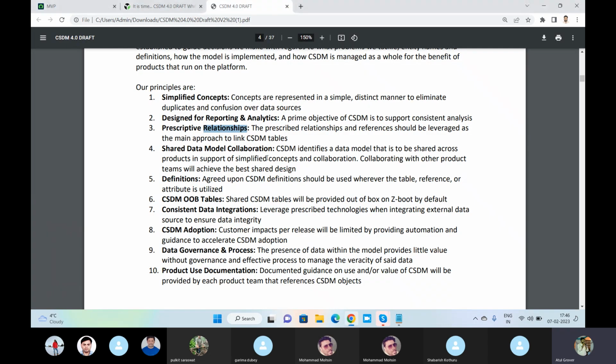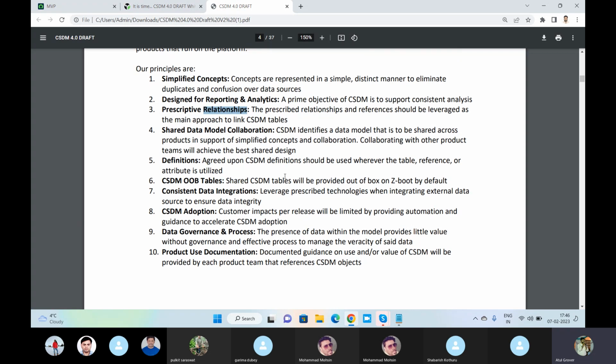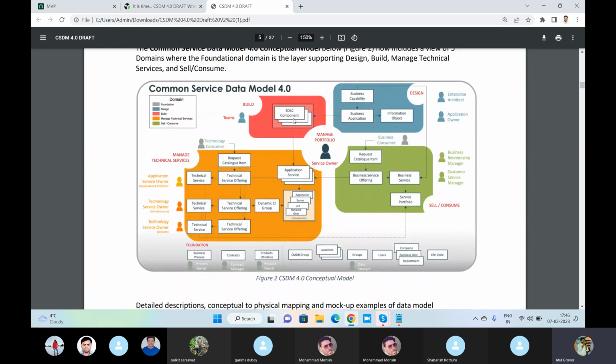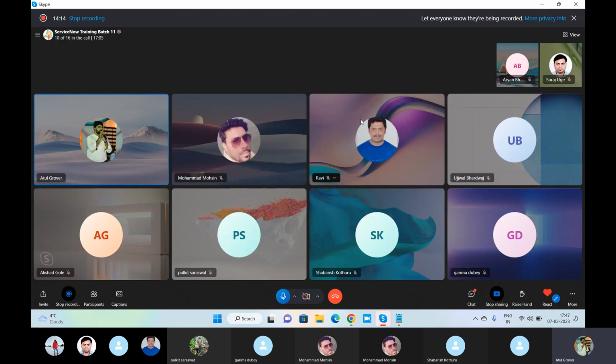So CSDM provides some predefined and prescriptive relationships, because how this component is related to this component has to be defined. Let me give you an example. Let's pick an example from Suraj. Suraj has a daughter.